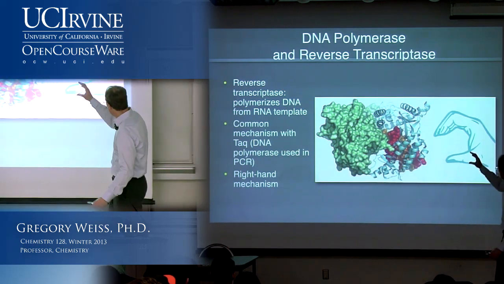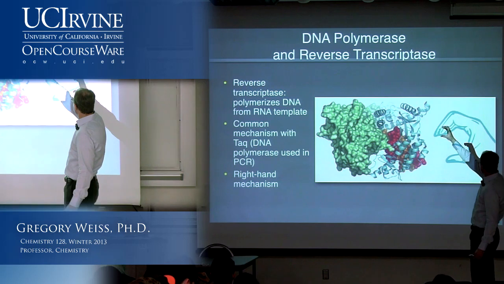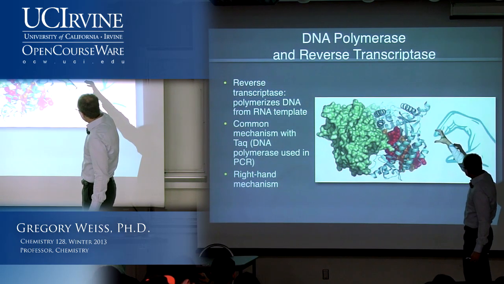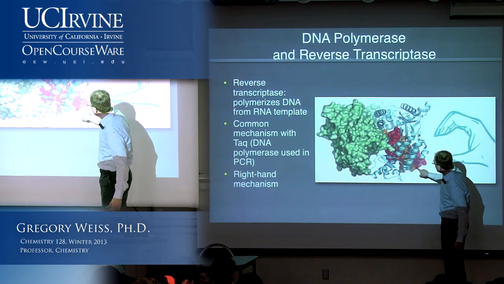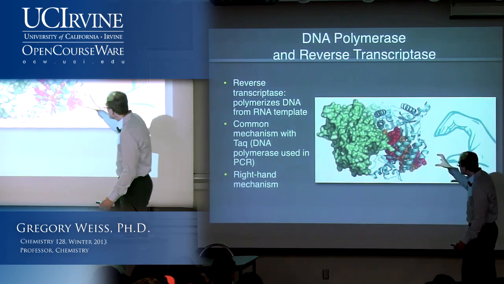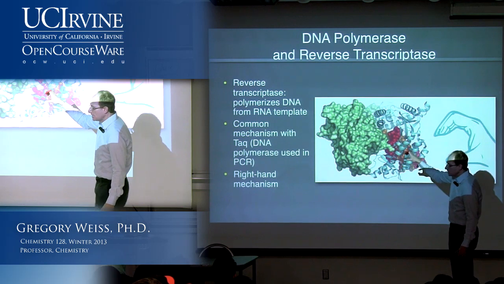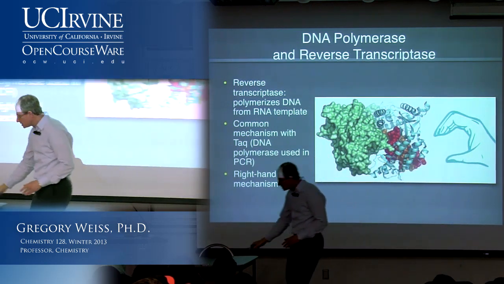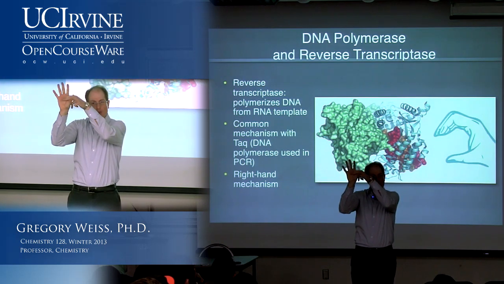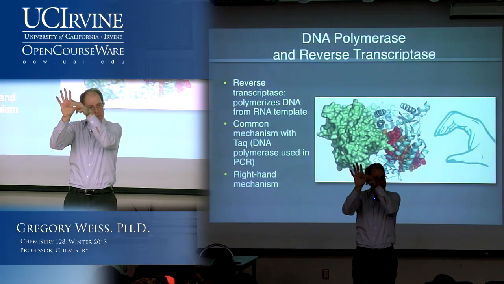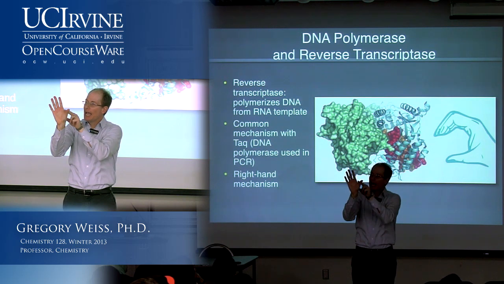So here's a right hand over here. Here's my right hand, and it's grabbing on to the DNA. The DNA is in red and orange over here, and here's the enzyme grabbing onto this DNA. During the synthesis, the DNA threads itself through the crook formed by my thumb and palm.